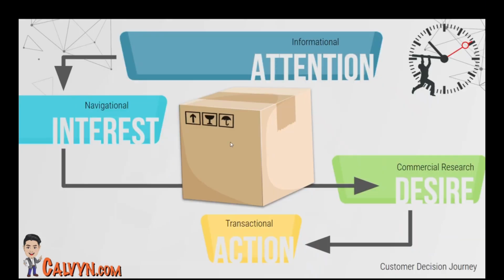Like just now, we also saw this slide before. That means when customers search for informational, your brand shows, right? When they go for navigational, your brand shows again. When they do commercial research, your brand shows again. When they want to do a transactional search, your brand shows again.